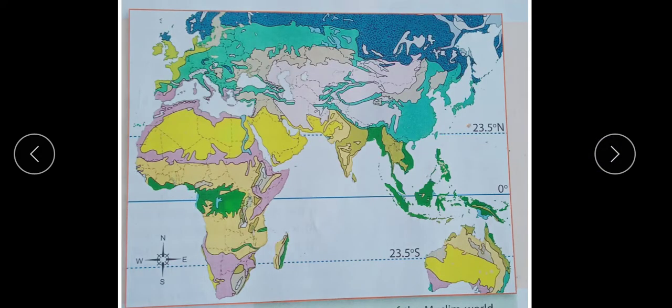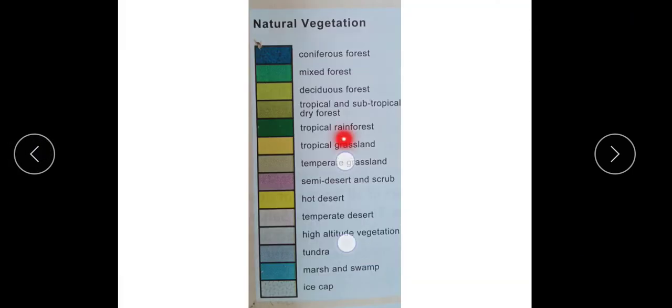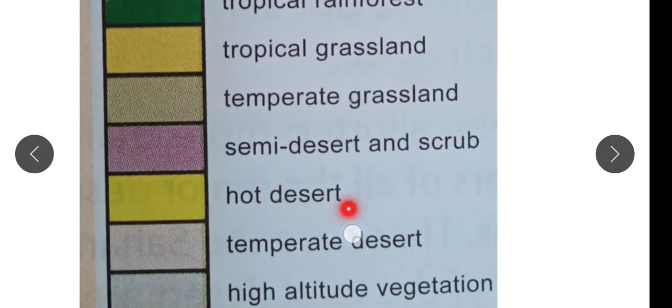Okay boys, so in this paragraph, as you can see, in this map, they told us Indonesia and Malaysia, which are located here, and Central African countries, which are here, they have very little vegetation. And they told us in this map, I will show you the important graphs. In this graph, you can see yellow color shows us that these areas are hot desert. This color shows us semi desert.